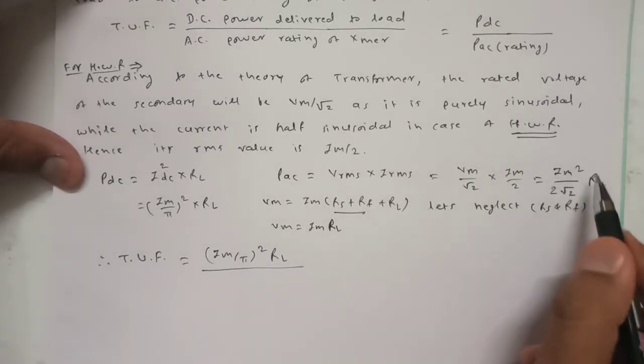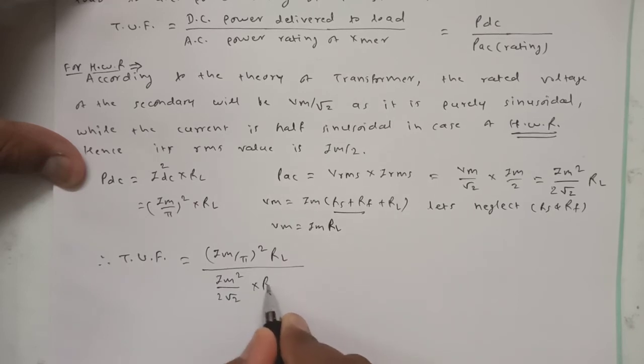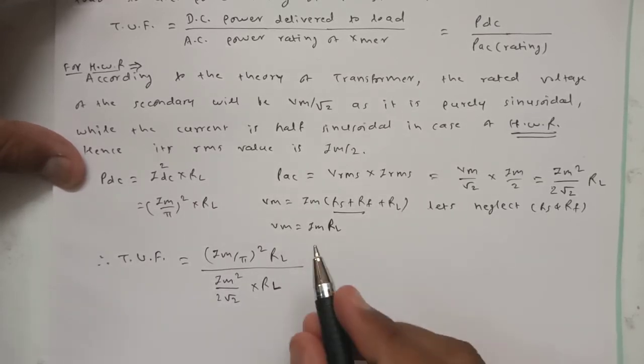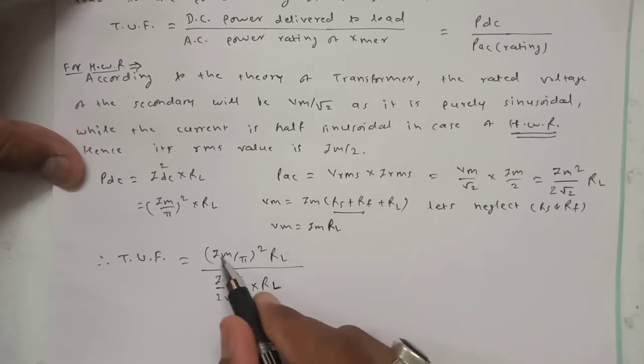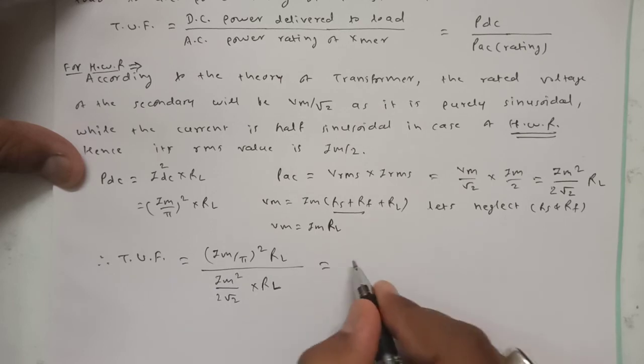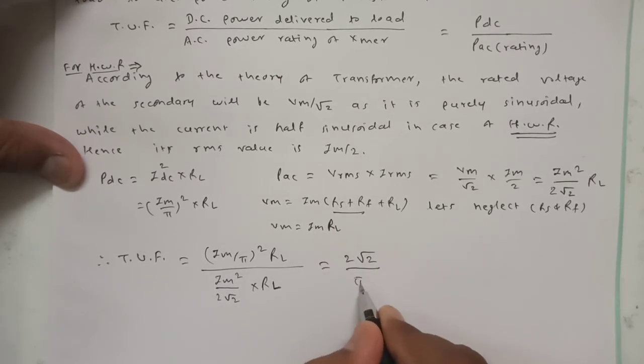So this final value I will write. It is Im square divided by 2 root 2 multiplied by RL. Now I think it is easy to solve. So this RL will get cancelled, Im square will get cancelled, and what we are finally remaining with? We are remaining with 2 under root 2 divided by pi square.